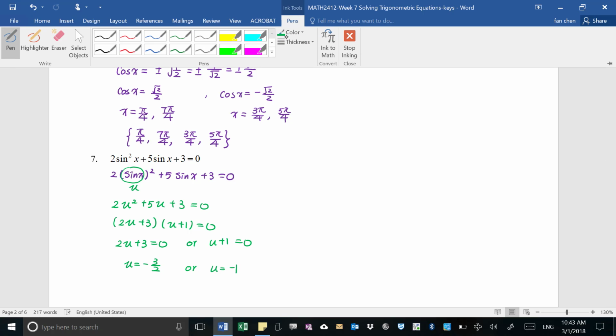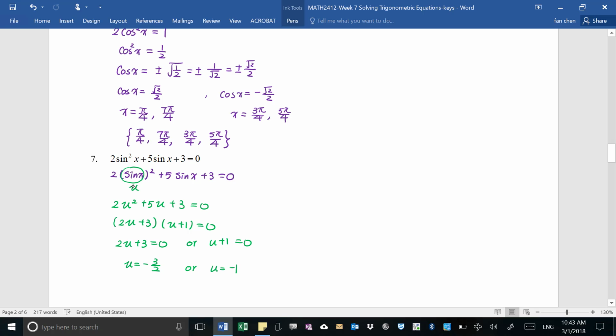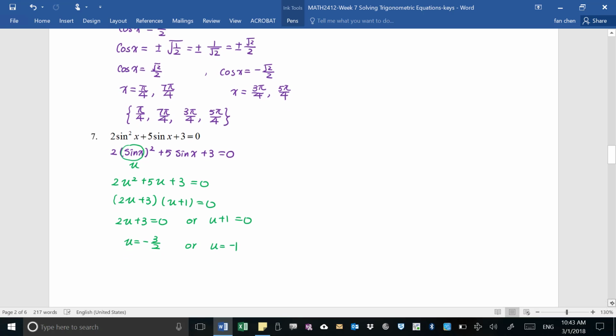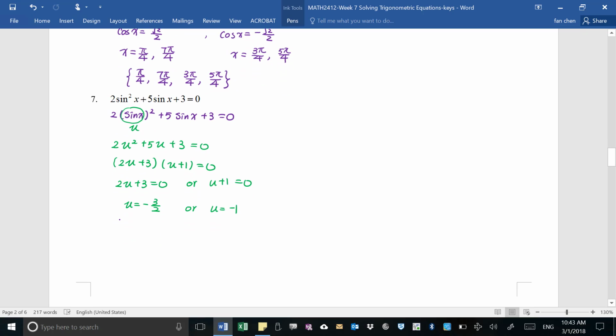If it is a polynomial equation, we stop here, but remember we made up the u, and u indeed is sine x, so sine x is equal to negative 3 halves. You unsubstitute that. Oh, wait a minute, remember that sine cannot be greater than 1 or less than negative 1, there's a range of sine. So for this part there's no solution.